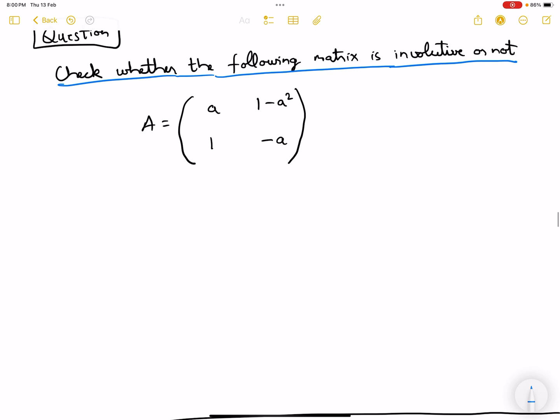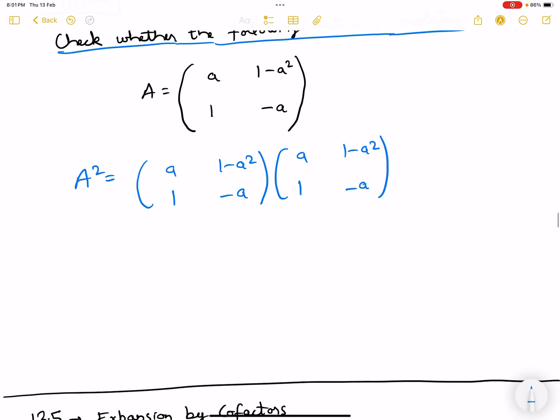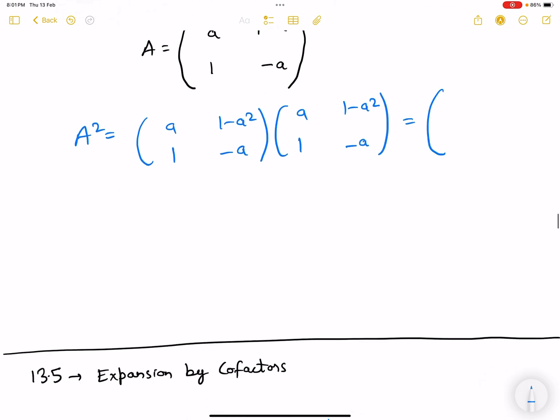So in this case, A square would be A, 1 minus A square, minus A. So this should be equal to the identity matrix of order 2, which would be this.